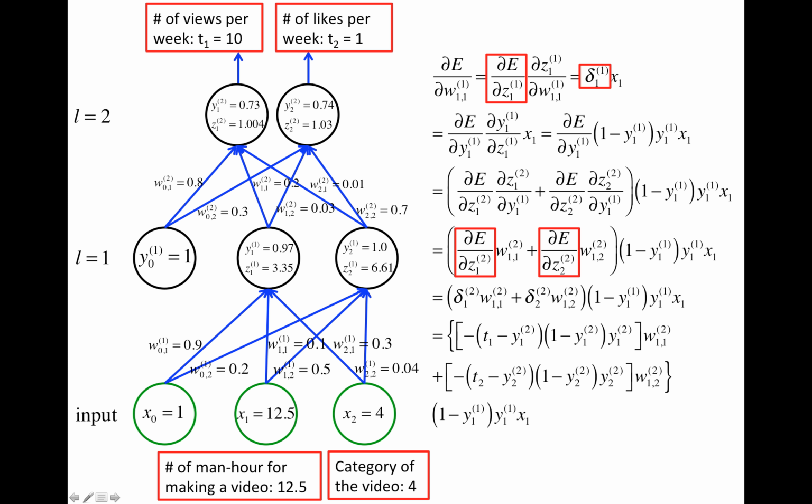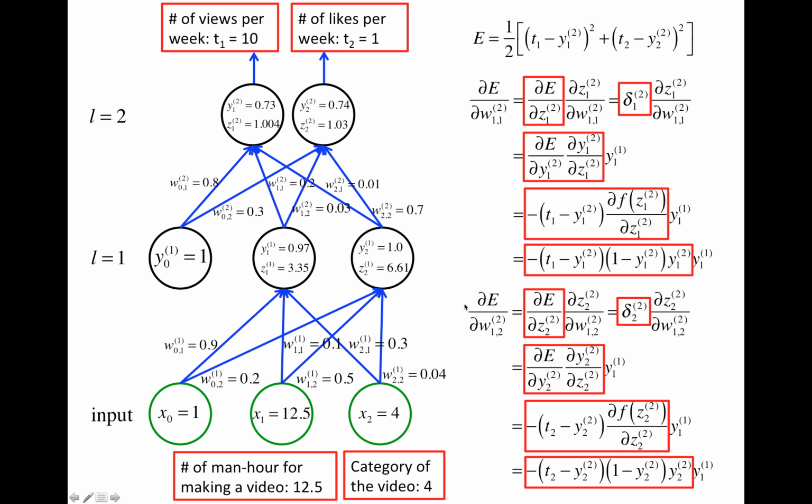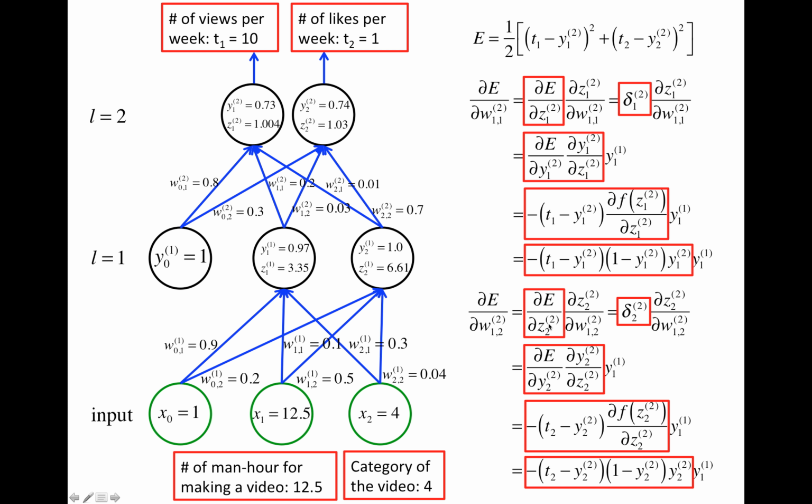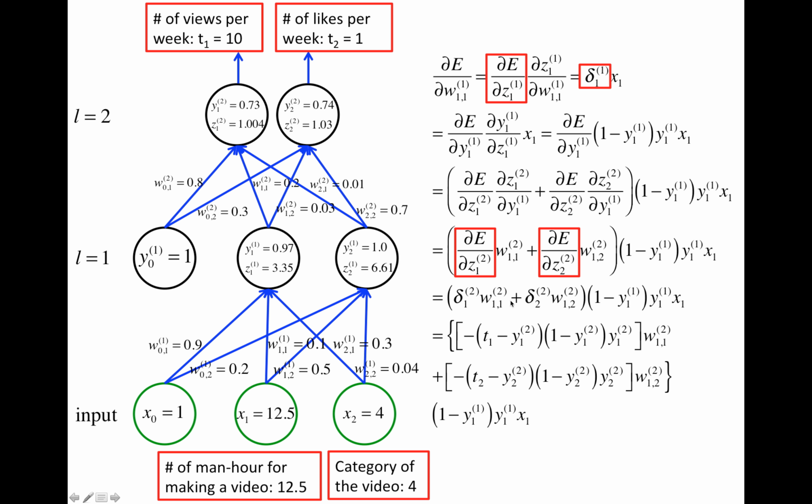So now we have some terms that look familiar to us. Because partial E, partial Z21 is exactly delta 21 that we have defined in the previous slide. And partial E, partial Z22 is delta 22. And for both deltas, we have explicit expressions.